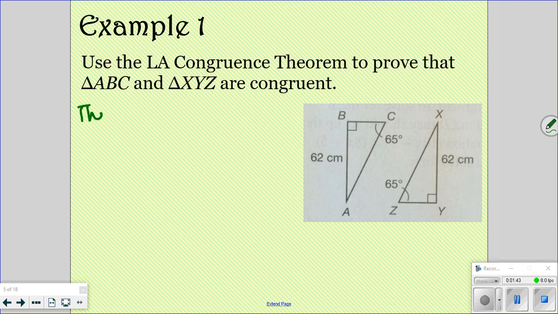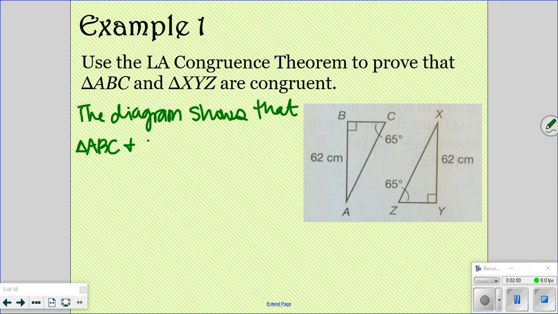So the diagram shows that triangle ABC is a right triangle, and triangle XYZ is a right triangle. So it shows that they are right triangles.